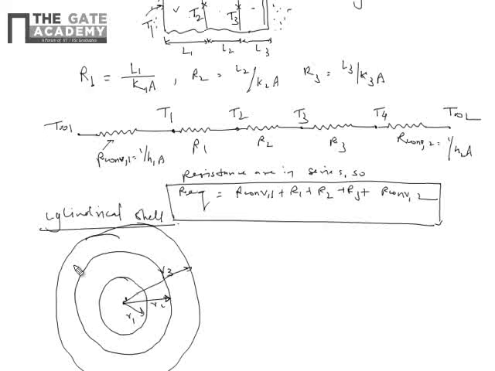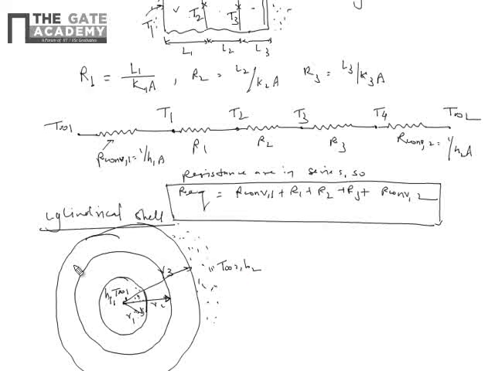So, if we say on the inner surface of the cylinder some amount of convection is taking place between the surrounding air and the surface, and the convective heat transfer coefficient is H1 and the fluid temperature there is T∞1. Similarly, the surrounding air temperature outside of the shell is T∞2 and the convective heat transfer coefficient is H2.